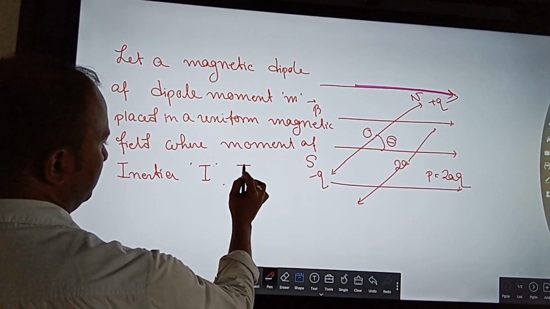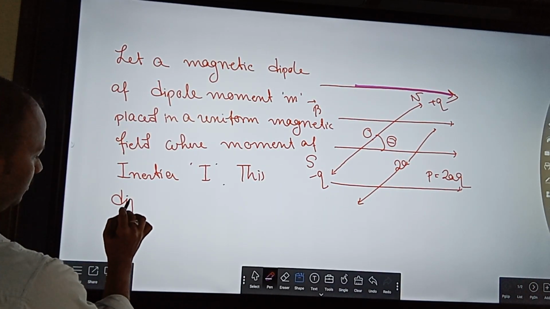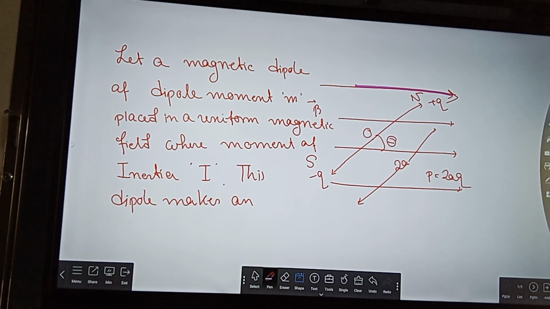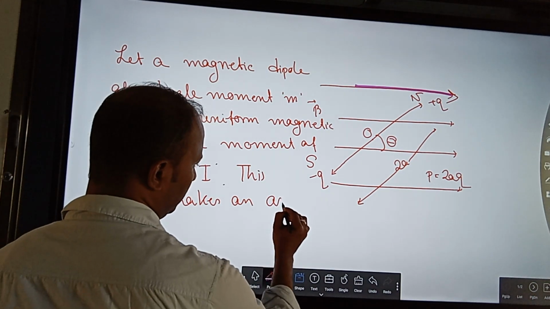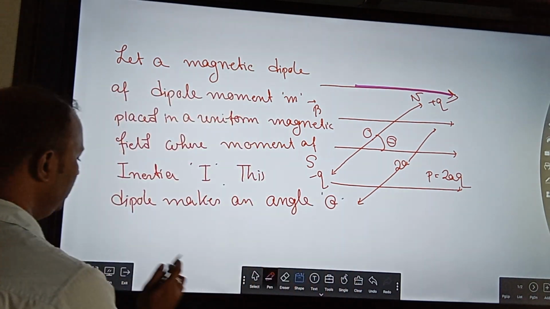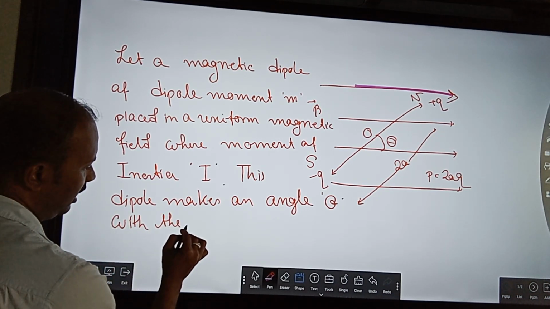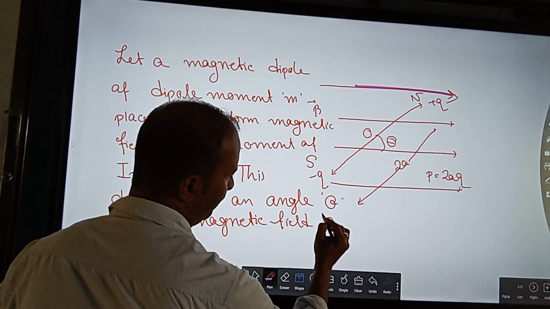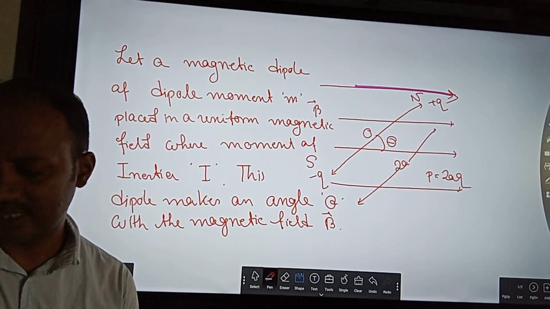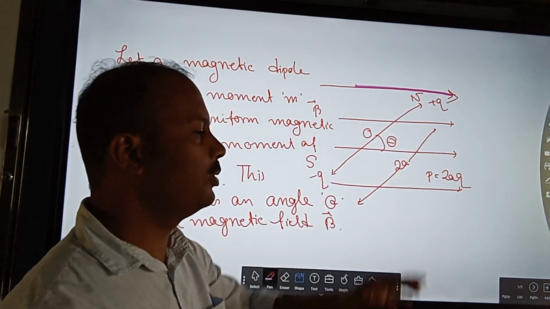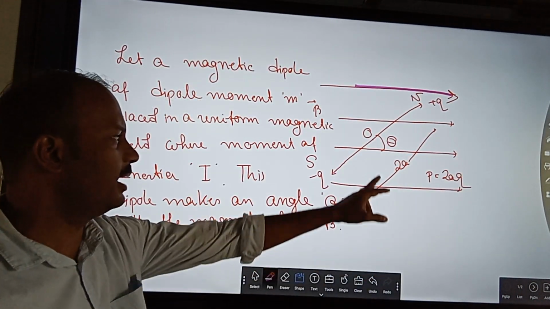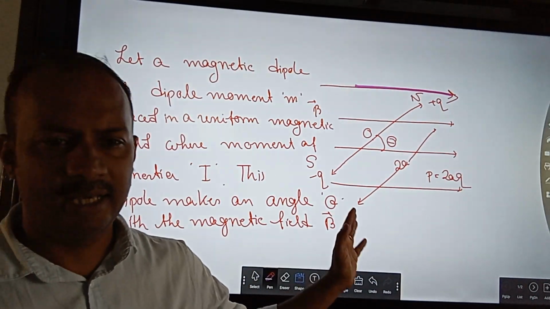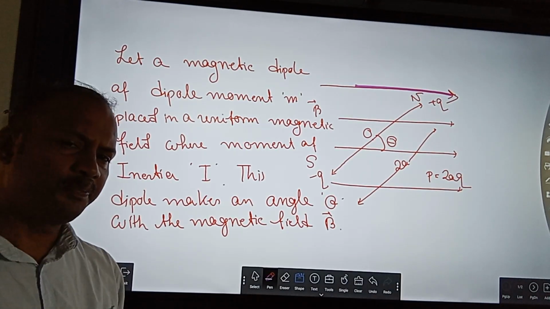So this dipole, in the diagram, makes an angle theta with the magnetic field, where the magnetic field is B. Look at this diagram: the dipole makes an angle theta with the field.